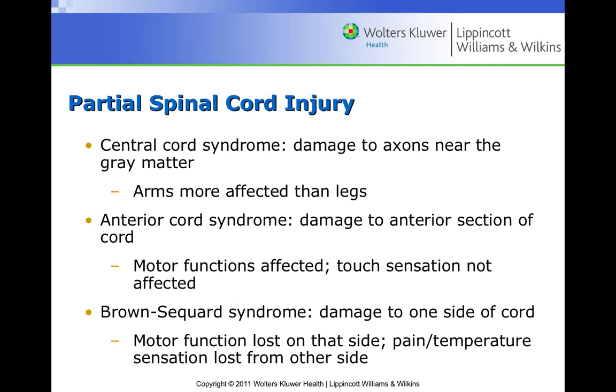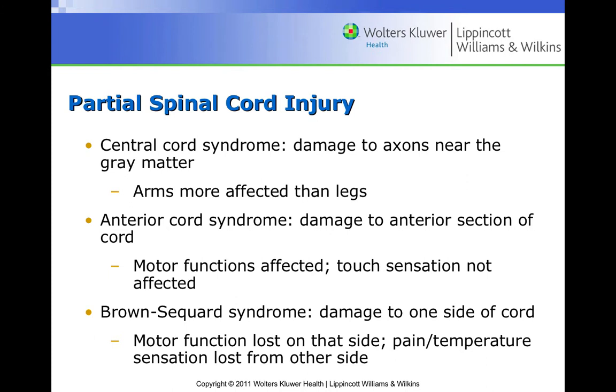If it's damage to the axons near the gray matter in the central cord, the arms are more affected than the legs. If it's in the anterior cord placement, motor function is affected, but the touch sensation is not affected. So I would still be able to feel, but I wouldn't be able to voluntarily move my limbs.